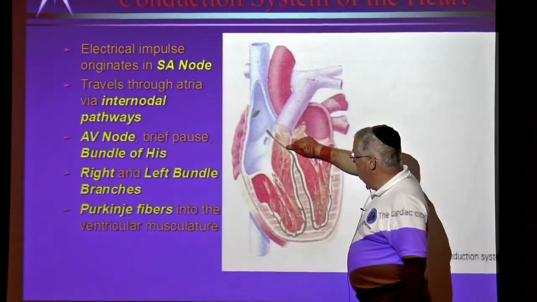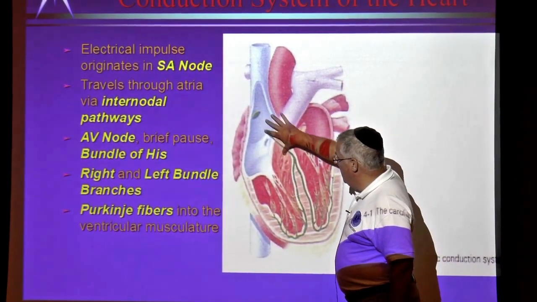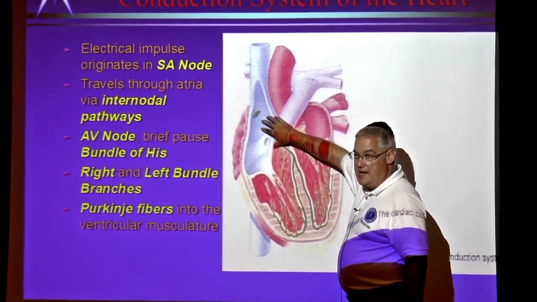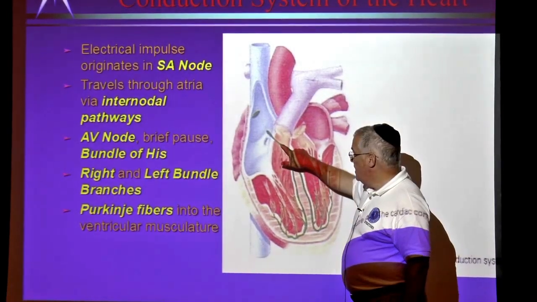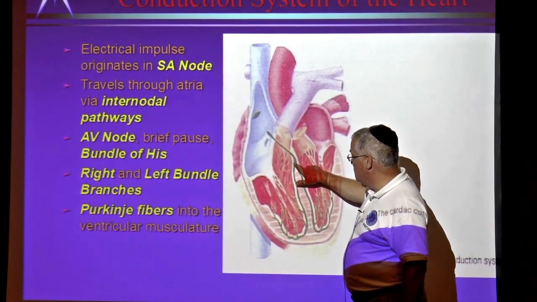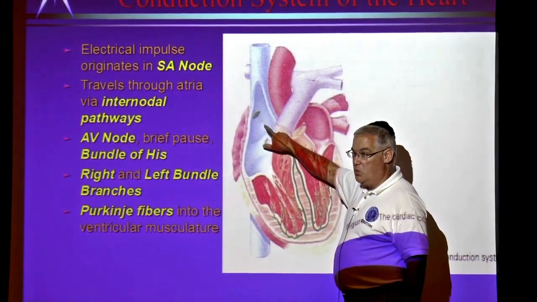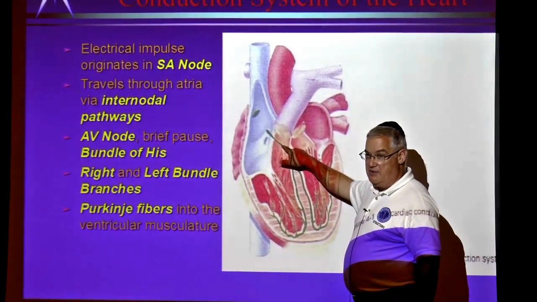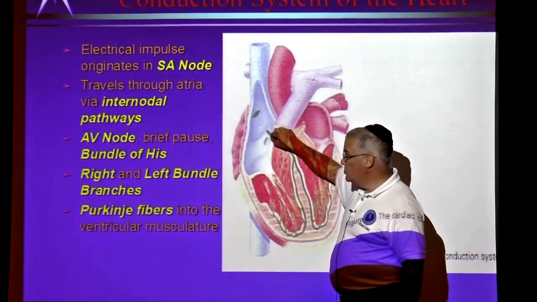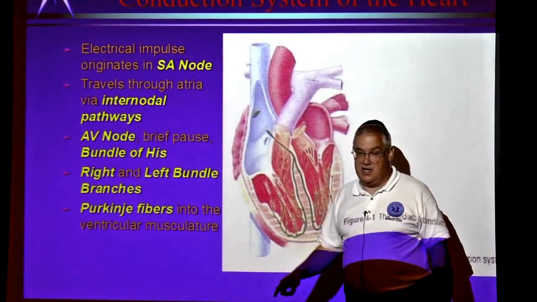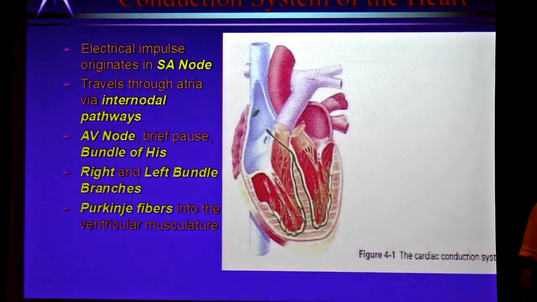No. If the impulse goes both ways, what are you going to have? Inverted P wave and then a QRS. If the impulse goes this way first and then this way, what are you going to get? P wave after the QRS. In other words, if it goes down first, then goes up, and doesn't do it simultaneously, then you're going to get a P wave that's hidden in the QRS.